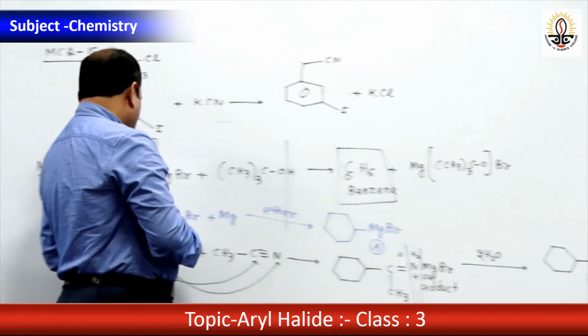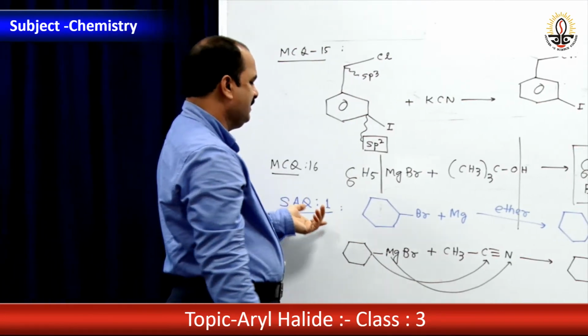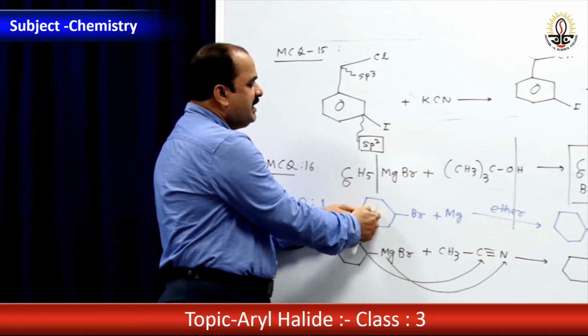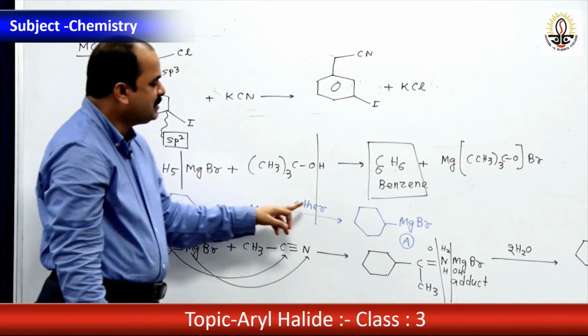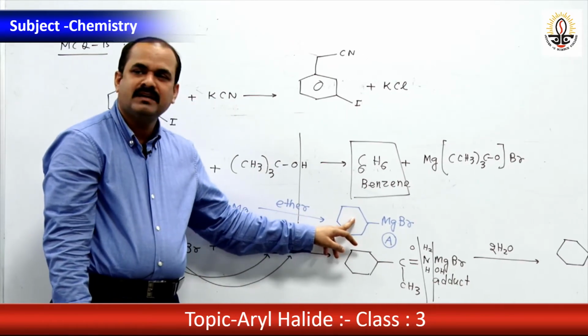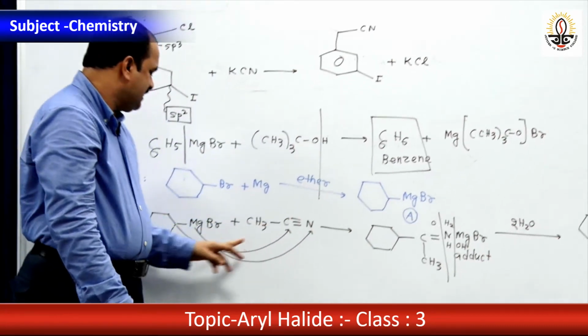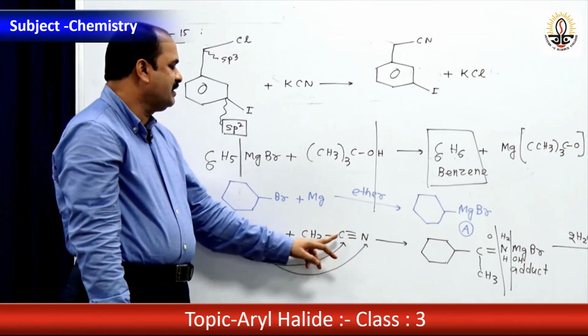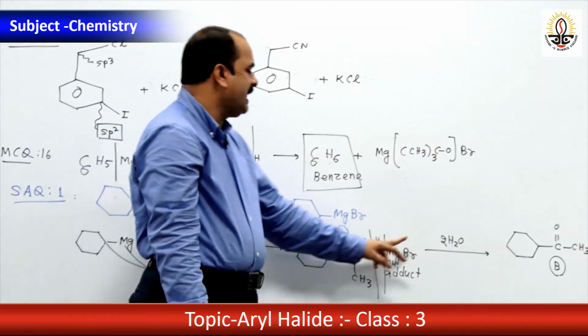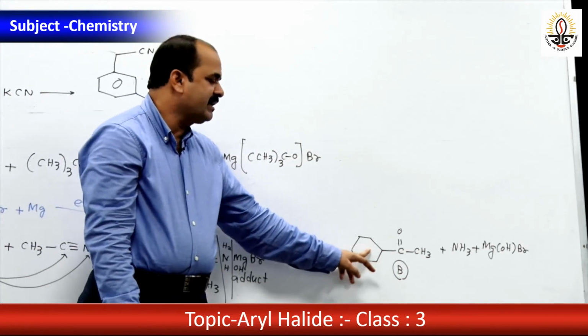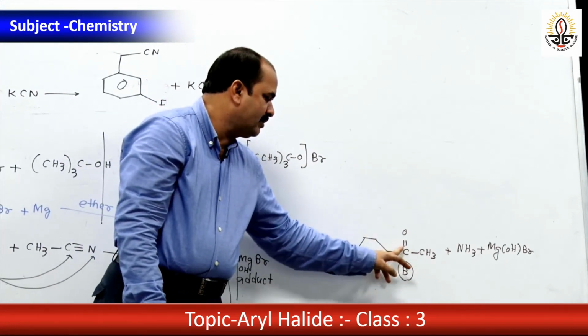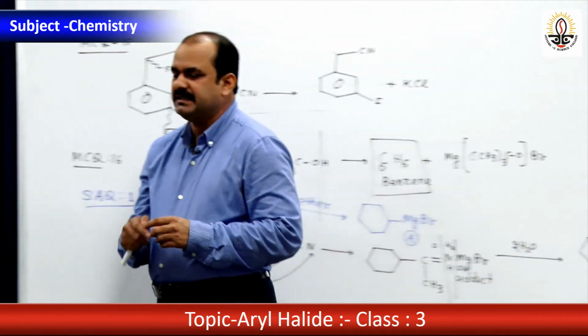So the question is to identify A and B. When cyclohexyl bromide reacts with magnesium in presence of ether, cyclohexyl magnesium bromide is formed. This is A. And when A reacts with methyl cyanide followed by hydrolysis, it gives cyclohexyl methyl ketone. It is B. A and B are identified.